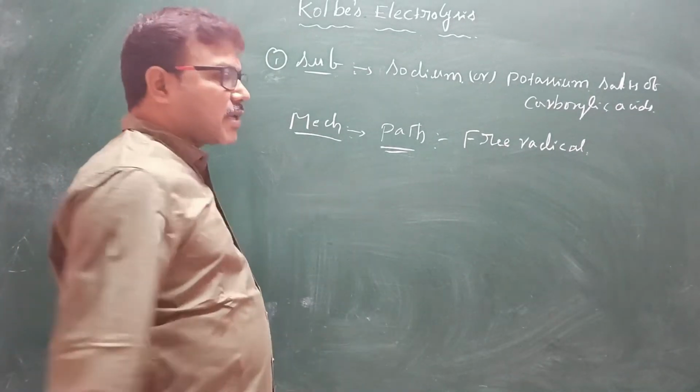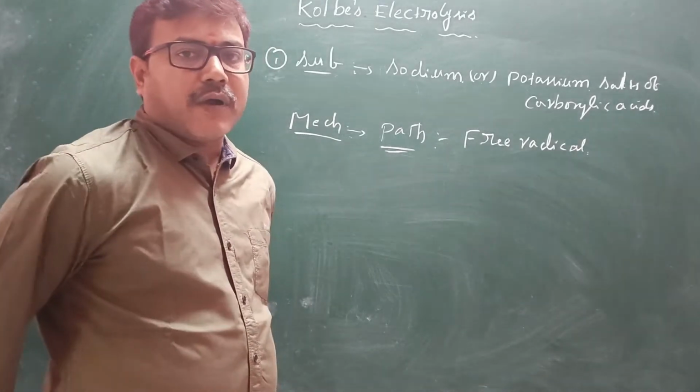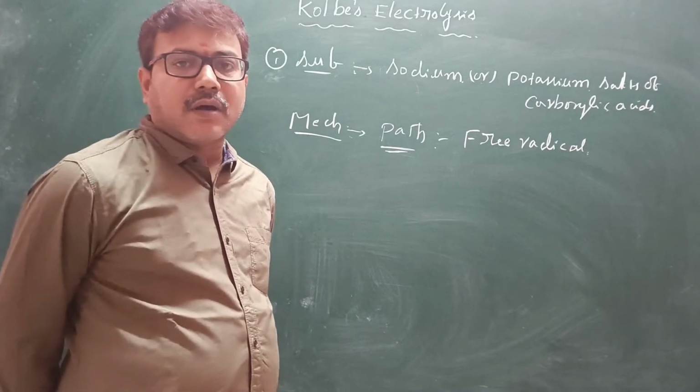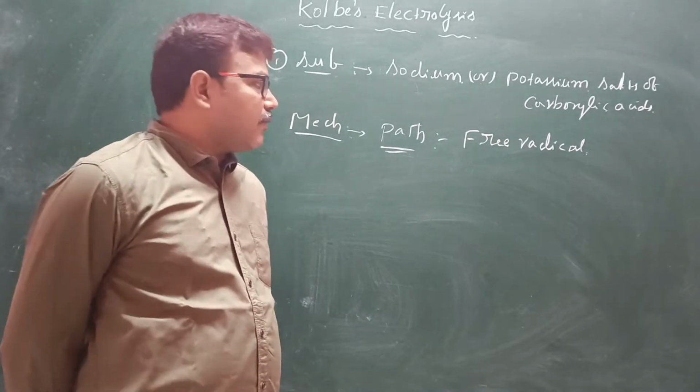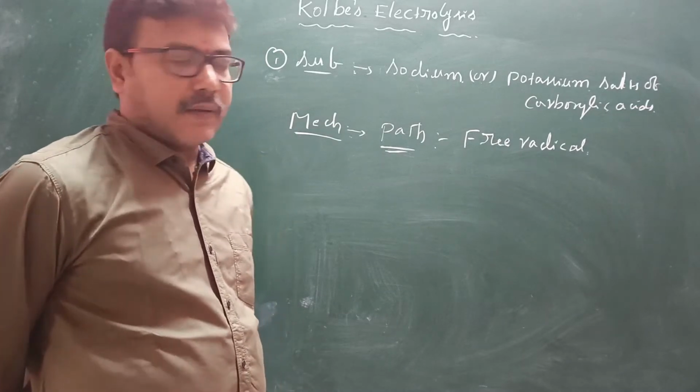This reaction is useful for the preparation of even number hydrocarbons, not useful for the preparation of odd number hydrocarbons. It is also not useful for the preparation of methane.